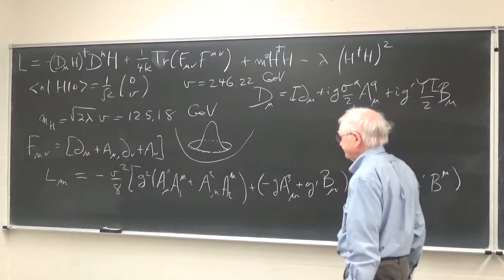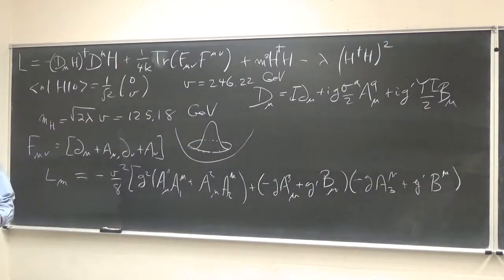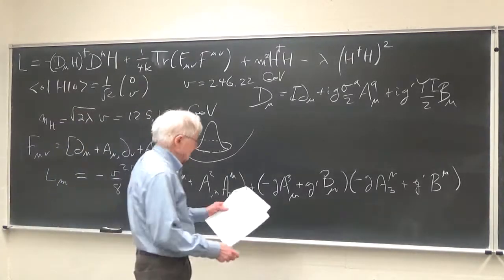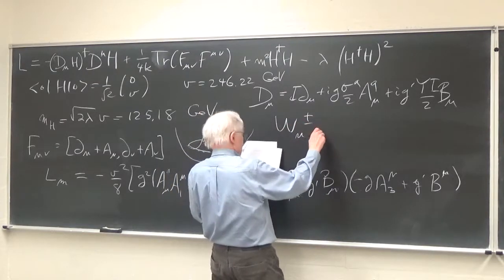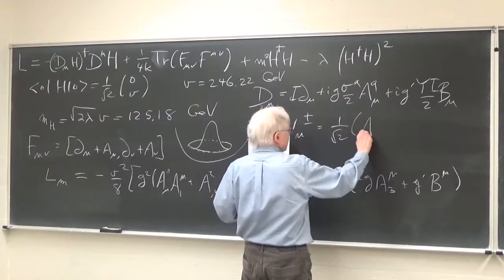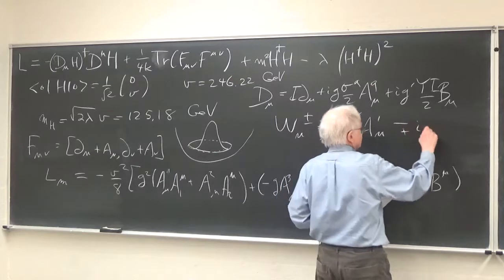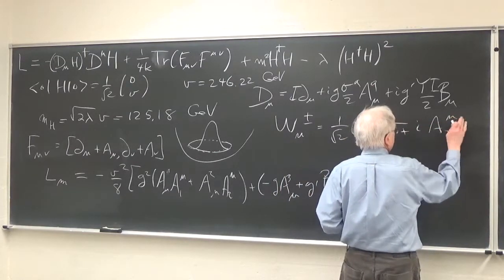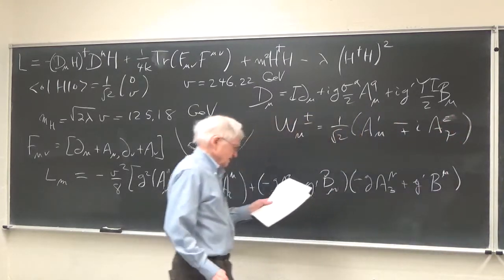And the way we normalize complex bosons is we have a 1 over root 2 and we take a complex linear combination. So for example, we define W plus or minus as 1 over square root of 2 times a1 mu, and it turns out it's minus or plus i a2 mu.